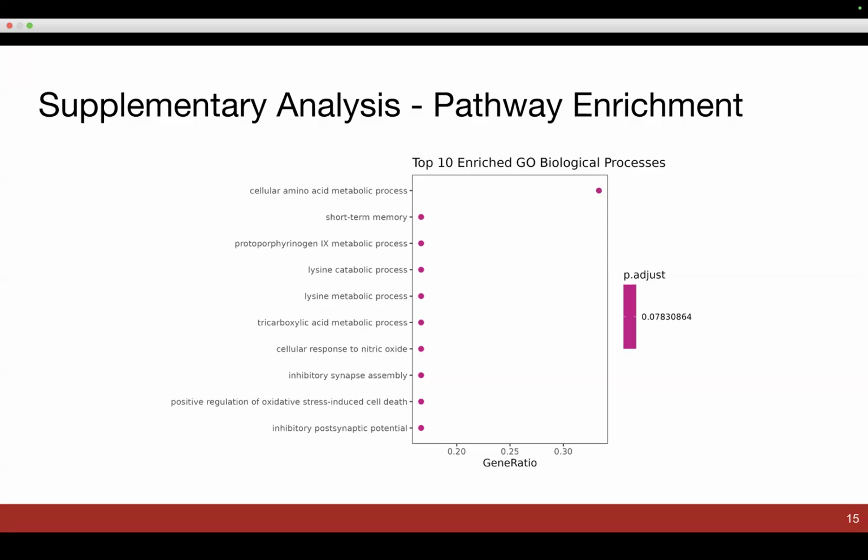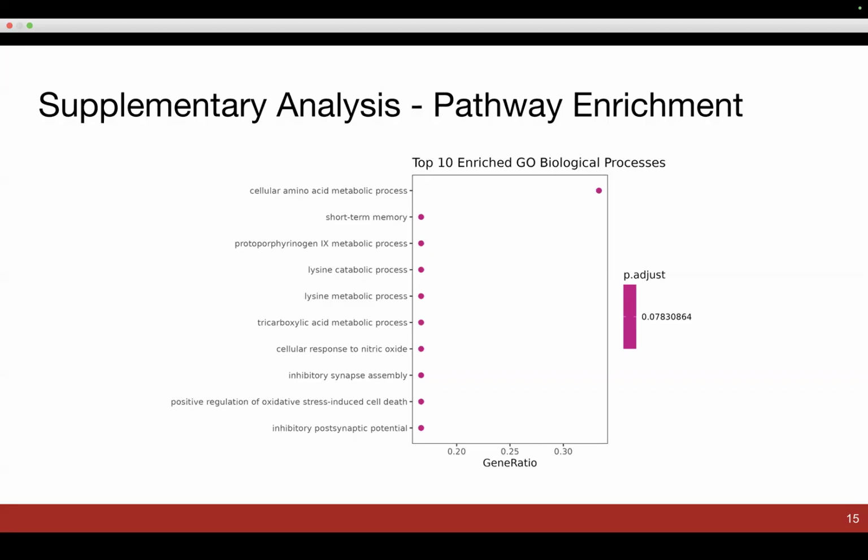For instance, in the first one, cellular amino acid metabolic process, it is saying that because of the presence of our significant genes, a biological system is probably going through this process. We do not observe any statistical significance at the p-value of 0.05, so we decided to be more lenient and use a p-value of 0.1.